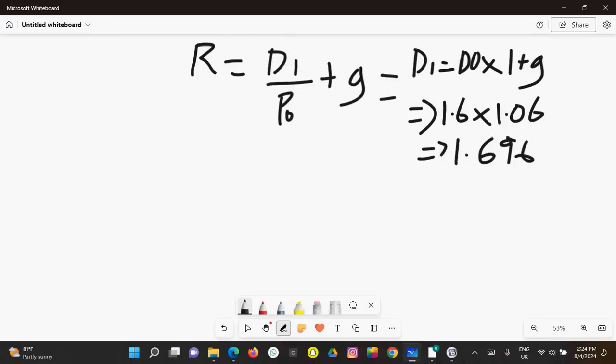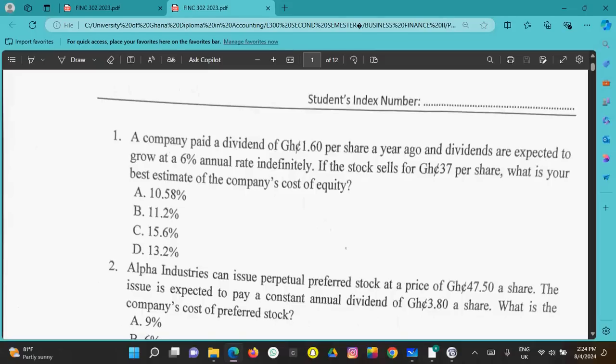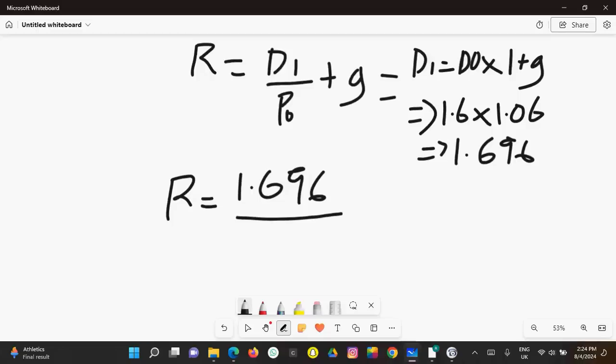So now R is going to be 1.696 all over the price, which was 37, and then the G is 0.06, which is the 6%. Right.